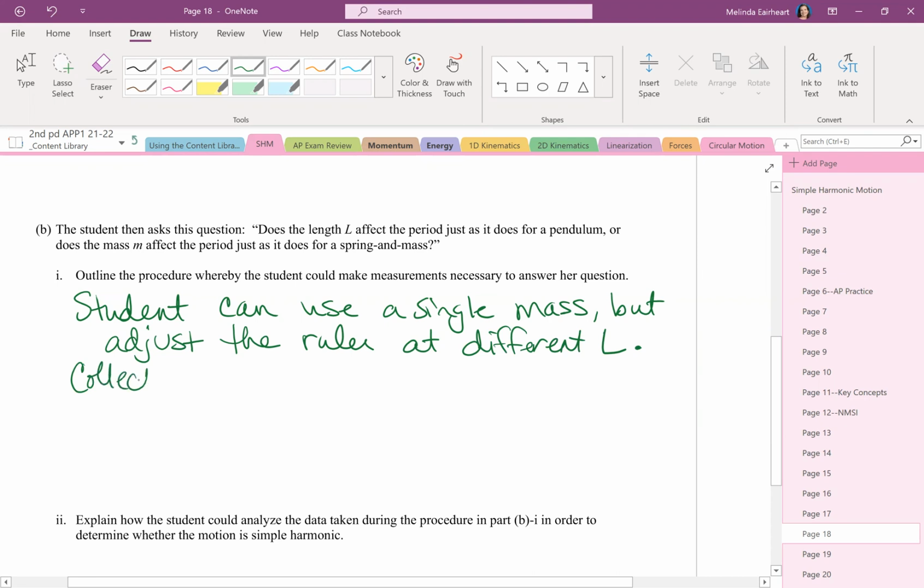Collect the times again. Oh, and I guess we should have put, good science, multiple trials, right? So collect times again with multiple trials of each length.